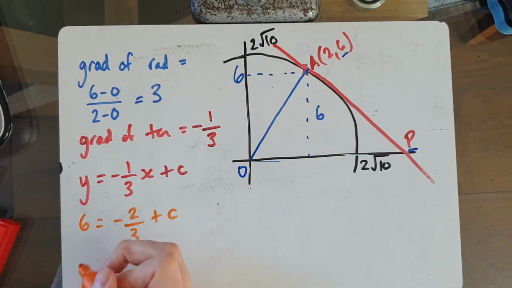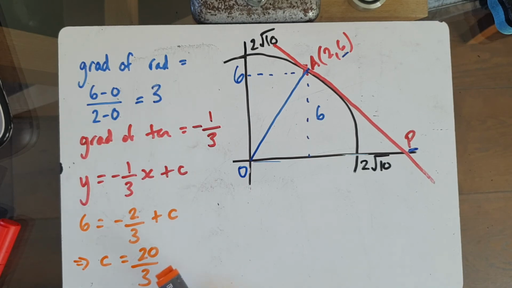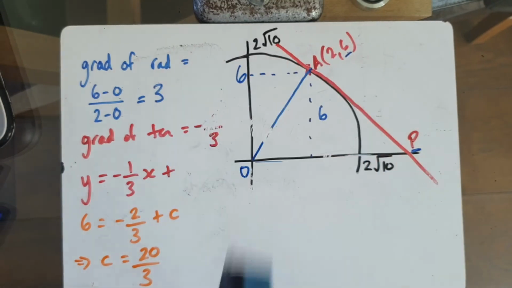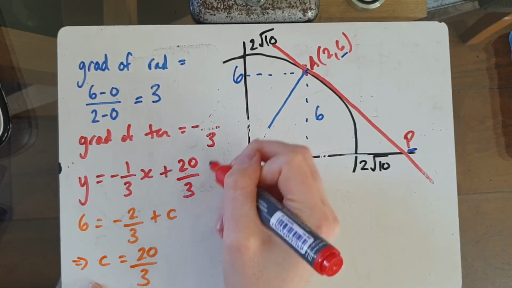And that will give us that the constant is 20 over 3. You should be able to get that from your calculators. So make sure you can work that out to be 20 over 3. So the equation then of this tangent is y equals negative a third of x plus 20 over 3.